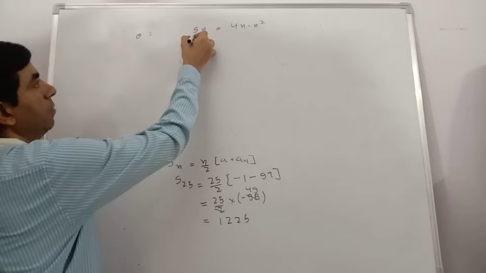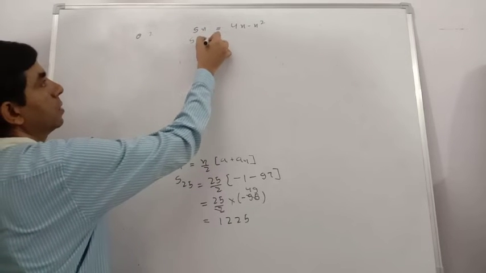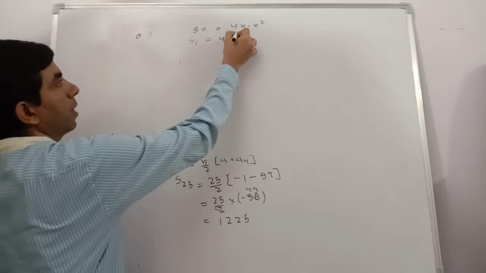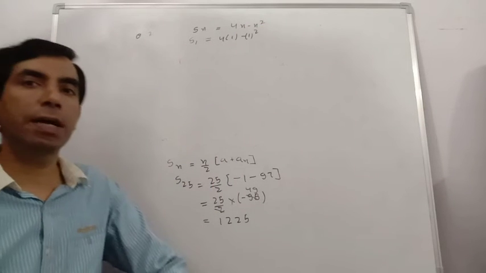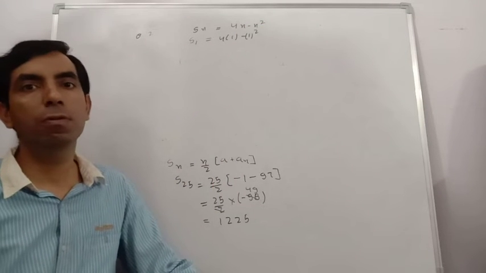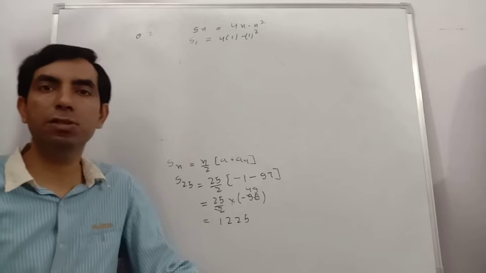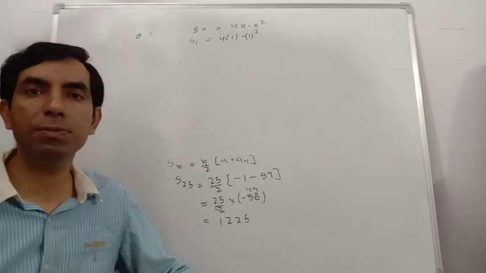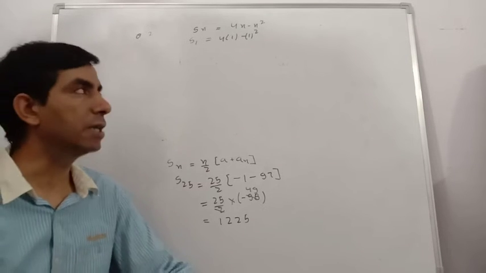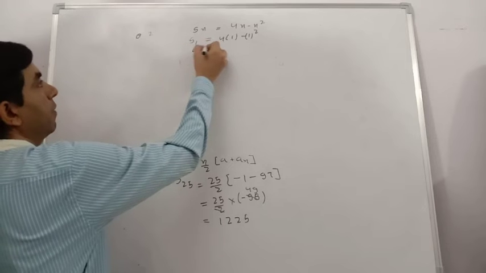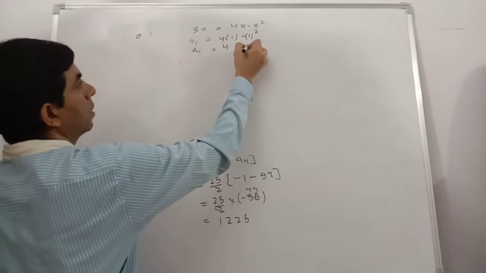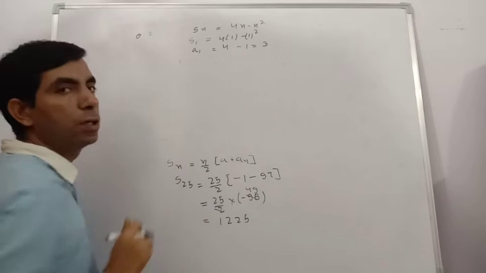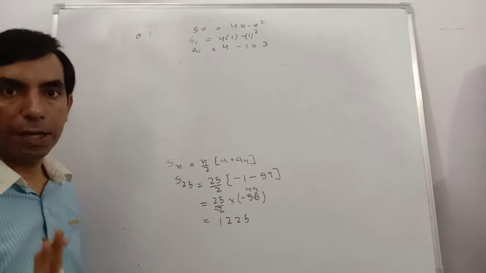S1 is equal to 4 times 1 minus 1 square. We know that the sum of one term is also the term, because for one term we do not add anything, so S1 is A1. Then A1 is equal to 4 minus 1, which is 3. So we have found the value of A1.